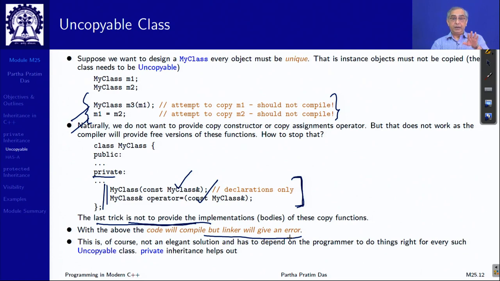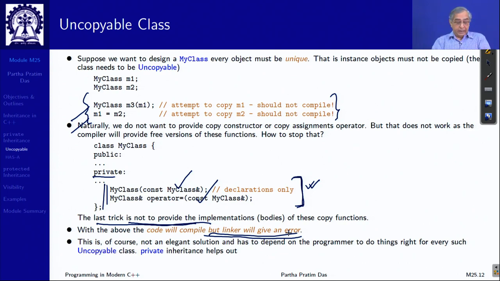Mind you, a linker does not bother about not finding the implementation of a function which you have never called. So, in general the linker will not shout. But if a member function of my class happens to attempt to make a copy, either by construction or by assignment, then the linker needs a body for it, and the linker will shout.